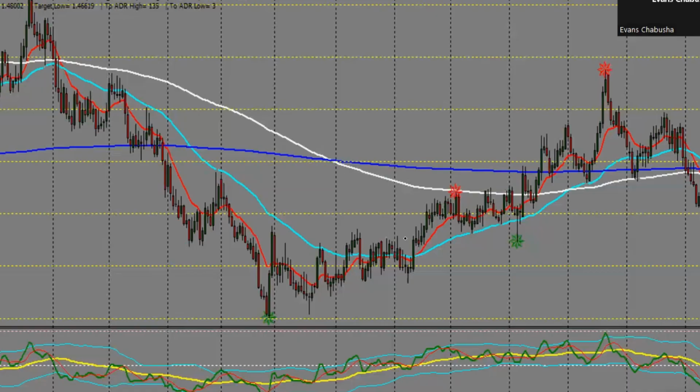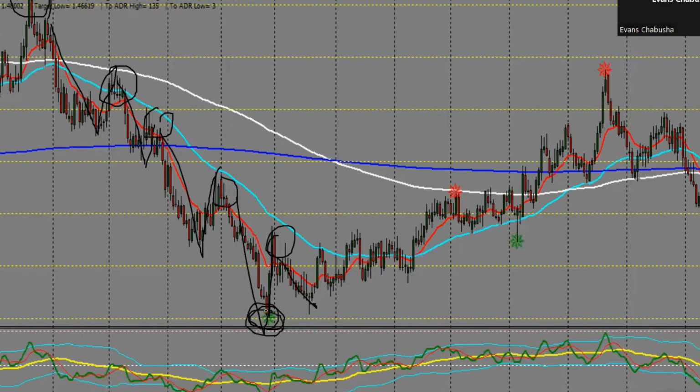Okay. So if you look at this chart that I've put here, you can see the high is there. The market dropped and made a lower high. It dropped, pulled back and made a lower high, dropped again and made a lower high like that, dropped, made a lower high, dropped, but this drop did not take out the previous low here, meaning the market is preparing to reverse at that point.